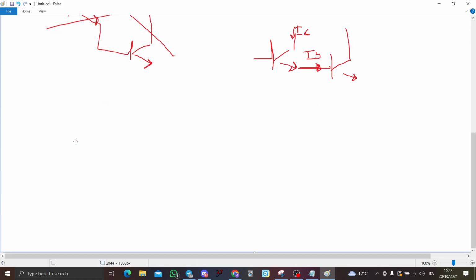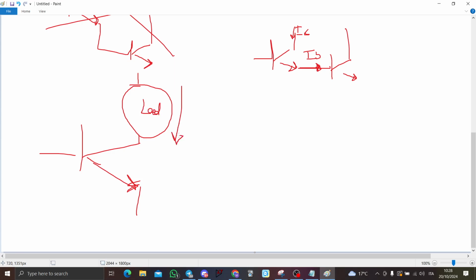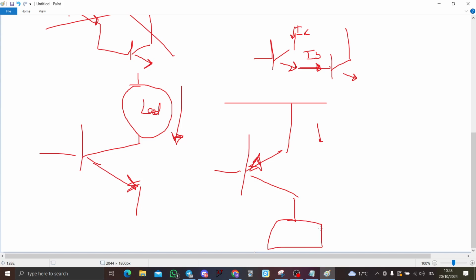You do remember that when I did the current source videos, when you have the NPN topology, also for the MOSFET, the load is here. Okay, and it is in this direction. When you have instead the PNP topology, it takes voltage from here, and the load is low-sided here.